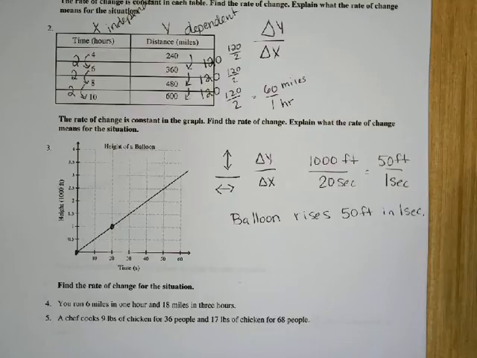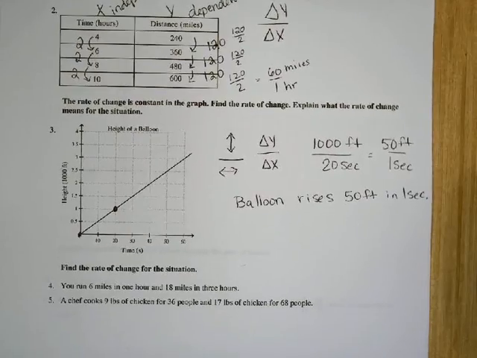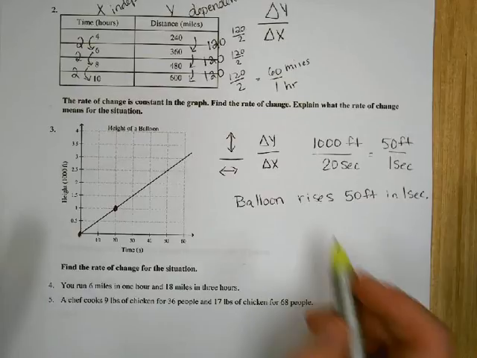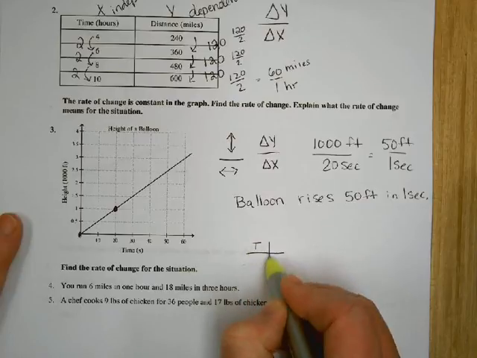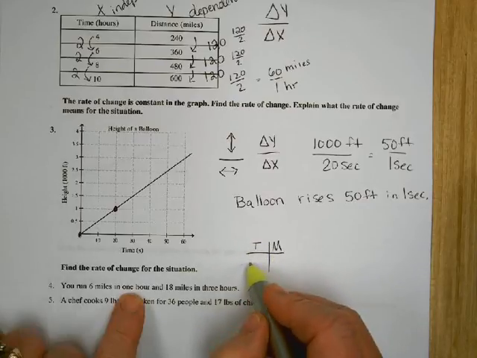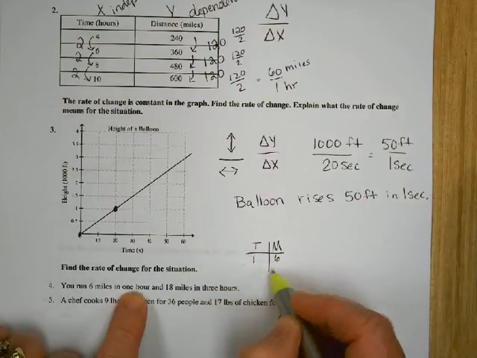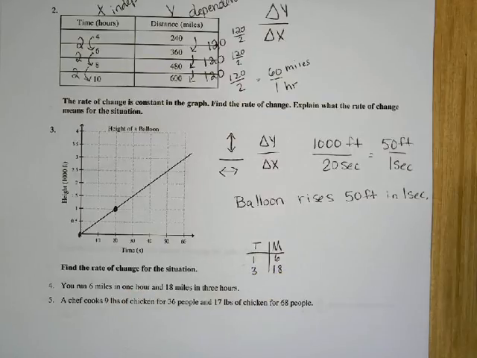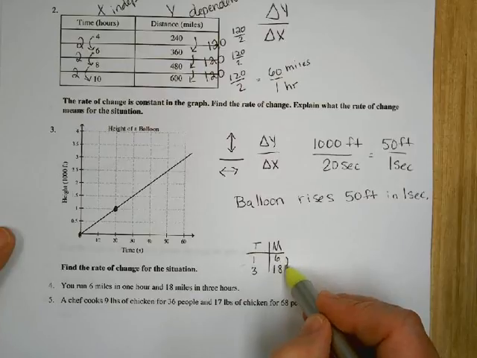Number 4. You run 6 miles in 1 hour and 18 miles in 3 hours. Find the rate of change. Well, we have time and we have miles. 1 hour, you've gone 6. 3 hours, you've gone 18. To find the rate of change, we want to know how the miles are changing.